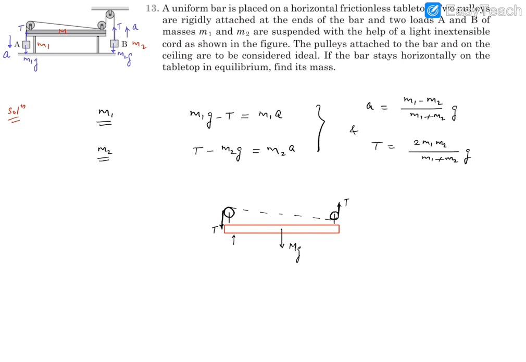Now you'll find this bar, if it is trying to lift, it will lift from this right side. Because this tension is pulling it up, this tension is pulling it down, it will have a tendency to rotate like this. When it has a tendency to rotate like this, we need to ensure that it remains in equilibrium horizontally as well.